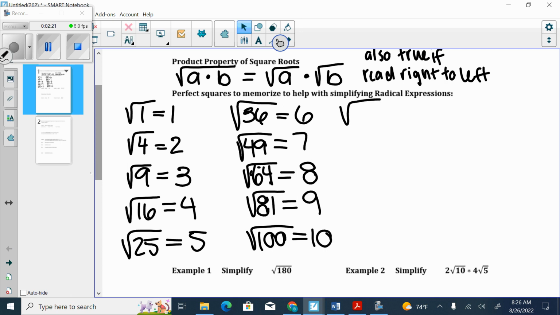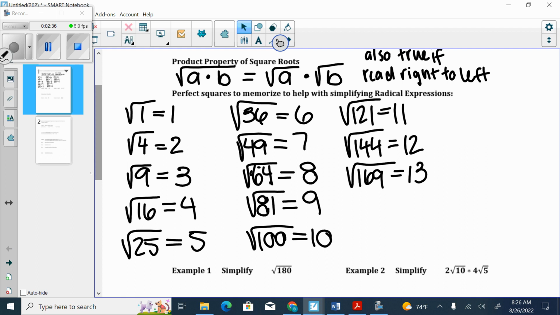Square root of 121. Good. 144. And 169. 13. Good. 196. Good. And 225. Good.